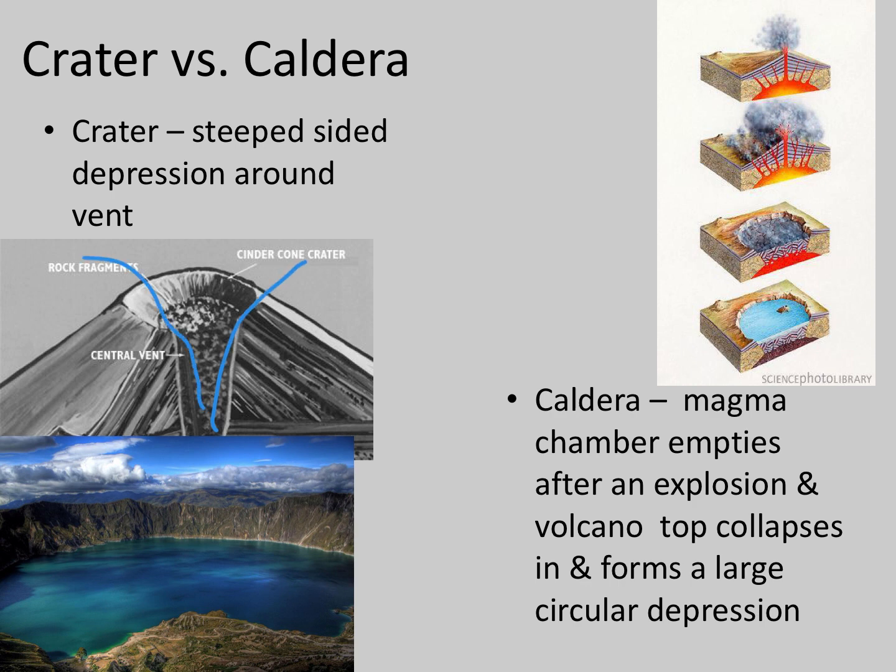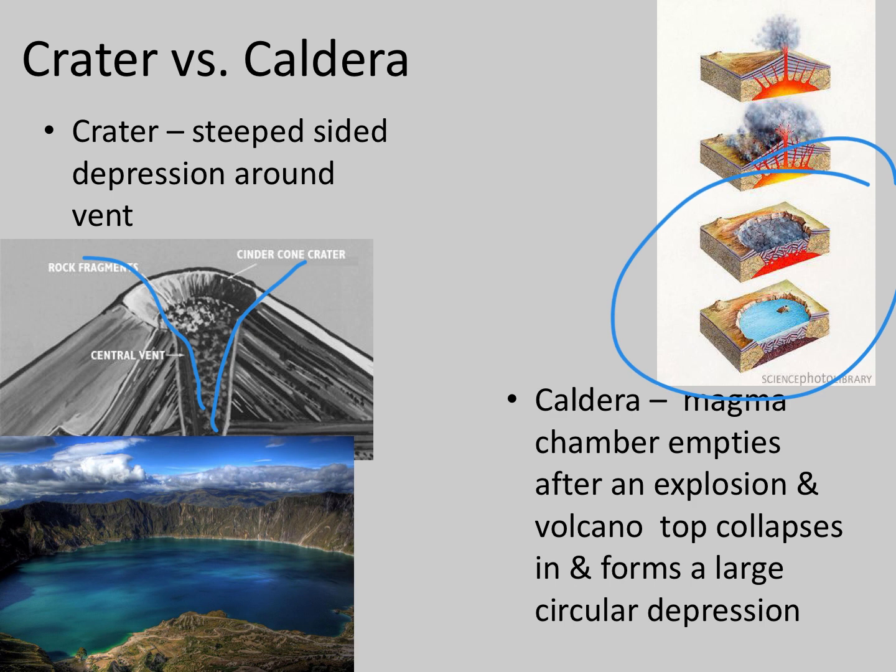A caldera is a little different. A caldera is when there has been a mountain formation on top of a volcano, and then the magma chamber explodes, and all the debris explodes up and falls back into the crater, and that top of the volcano has basically collapsed into the crater, forming this large circular depression.